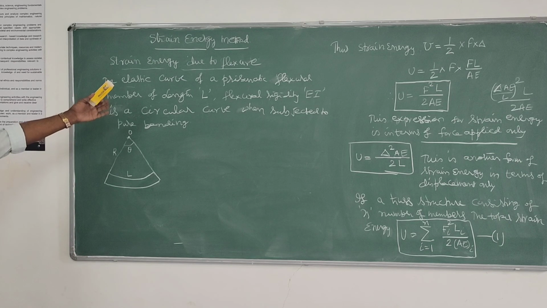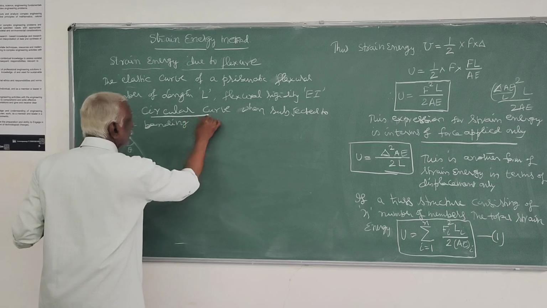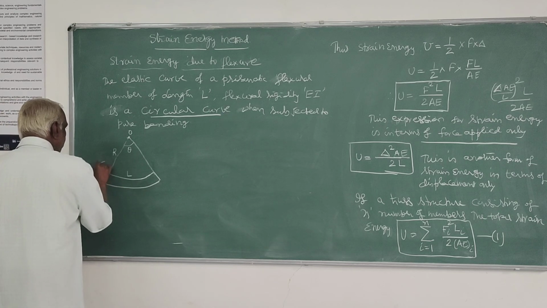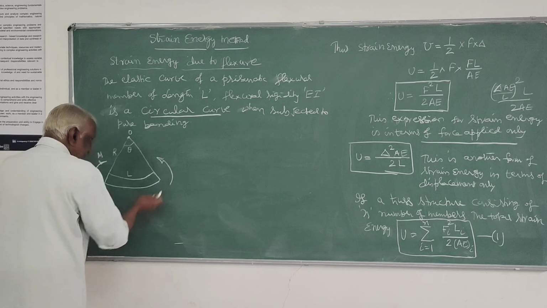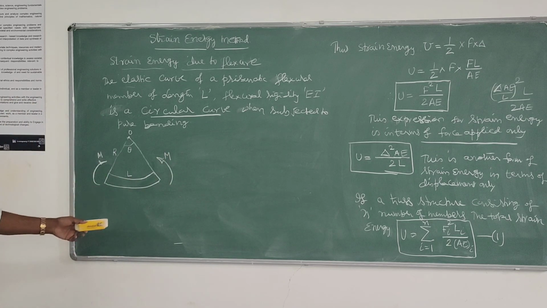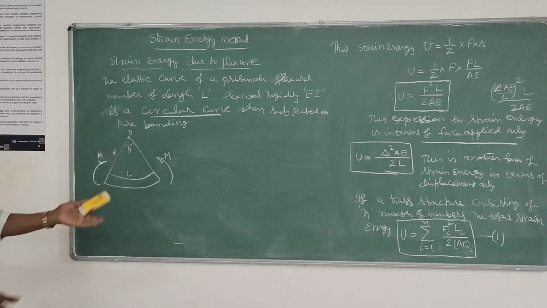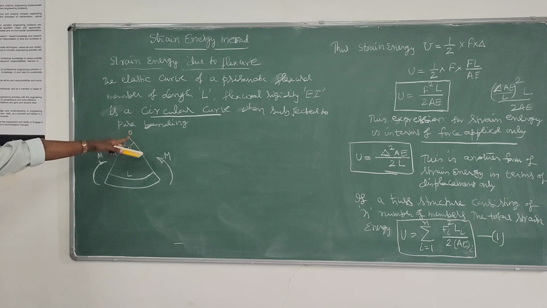The elastic curve will be a circular curve, as in the figure, when subjected to the sagging bending moment M, no shear, only pure bending. Instead of axial force, pure bending results in a circular curve.